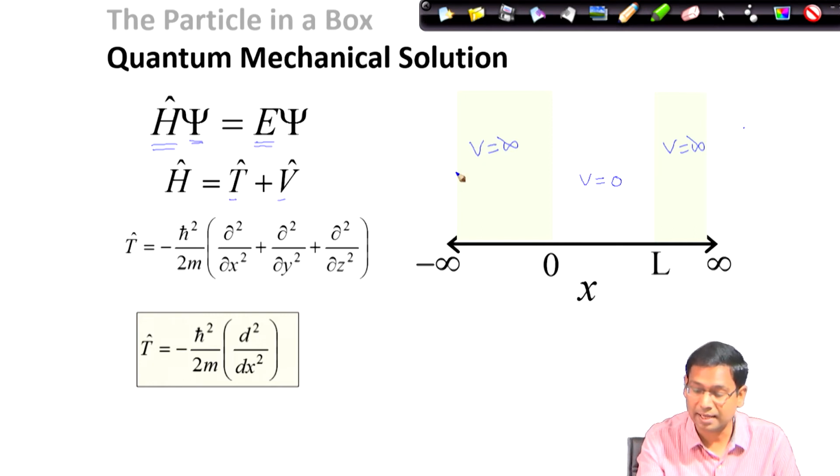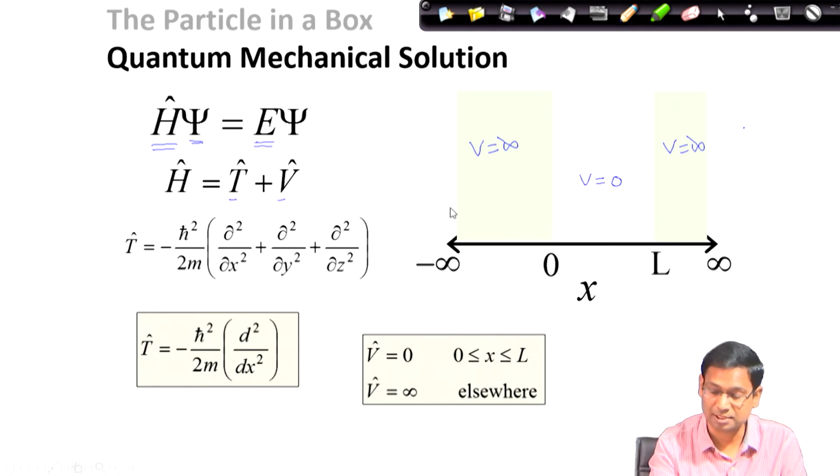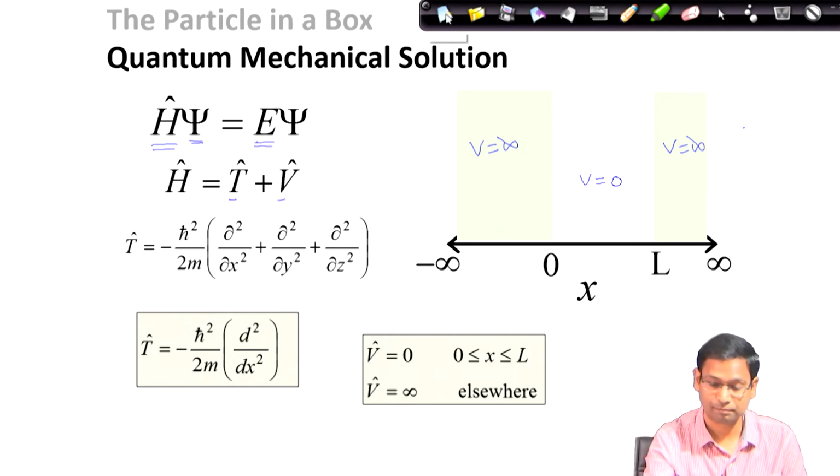So, when I define my potential energy like this, I can express that in terms of an equation. V, the potential energy operator, is 0 when x is between 0 and L, within this region, and V is infinite elsewhere. So, from minus infinity to 0 and from L to plus infinity, V is infinite.